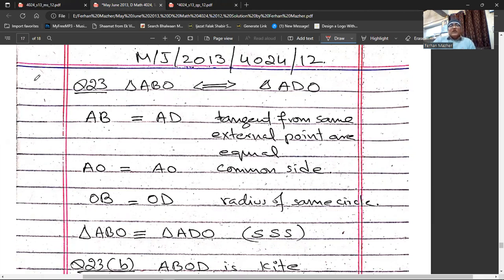The AO and AO side is the common side in both the triangles. The OB and the OD are equal because they are the radius of the same circle. So that means the triangle ABO is congruent to the triangle ADO, and the reason is the side-side-side congruency test. I hope you understand.